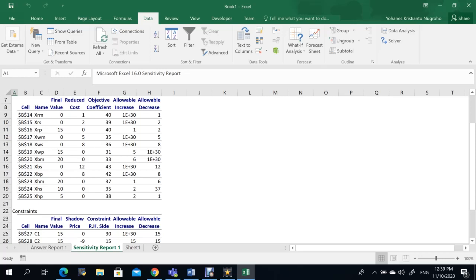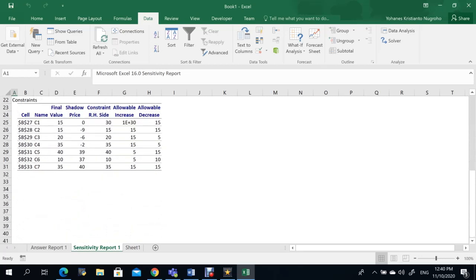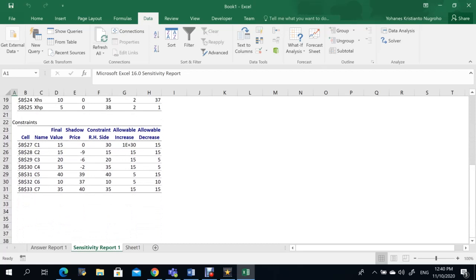And the reduced cost means that if XRM is increased by 1, the value of our objective function also increases by 1. Okay. And what about the next table here? We have the constraints table.